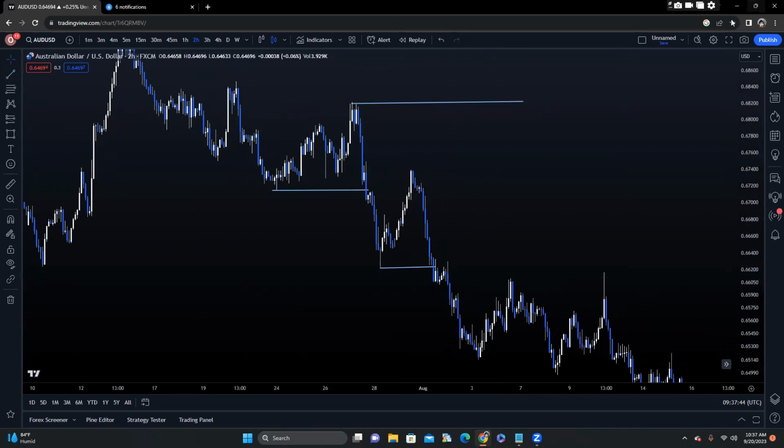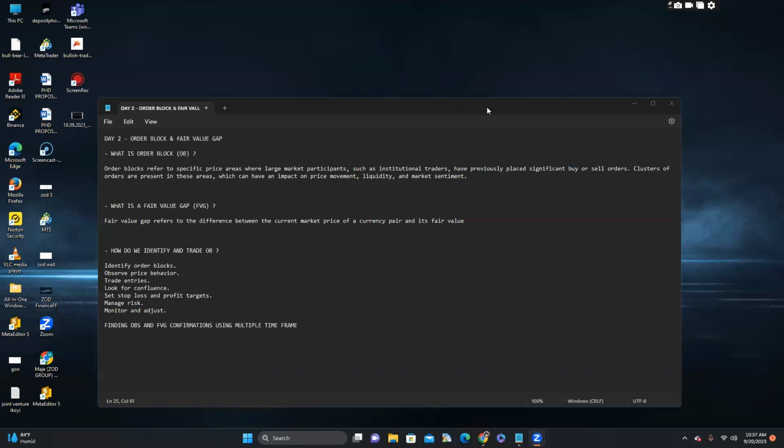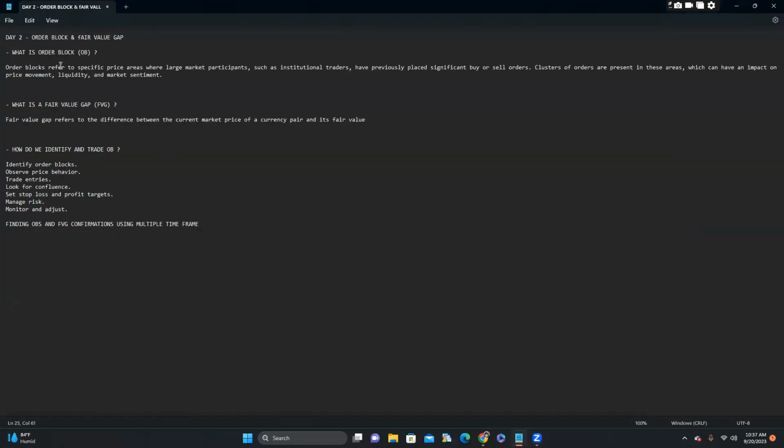Before we go back into the chart, let's understand what order blocks are. What is an order block? An order block refers to specific price areas where large market participants, such as institutional traders, have previously placed significant buy or sell orders.